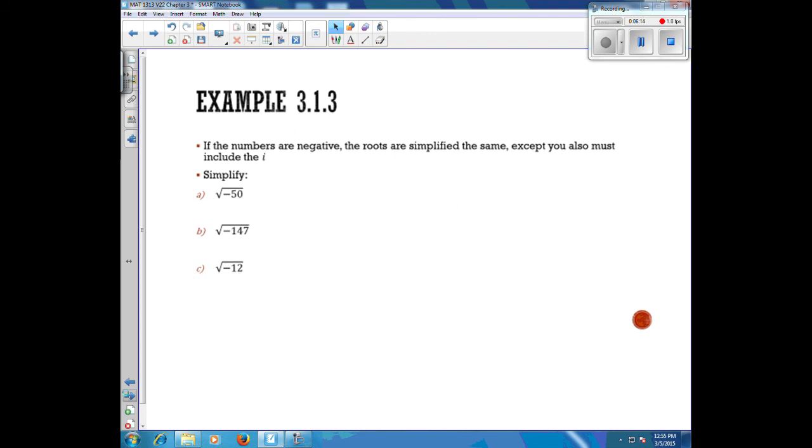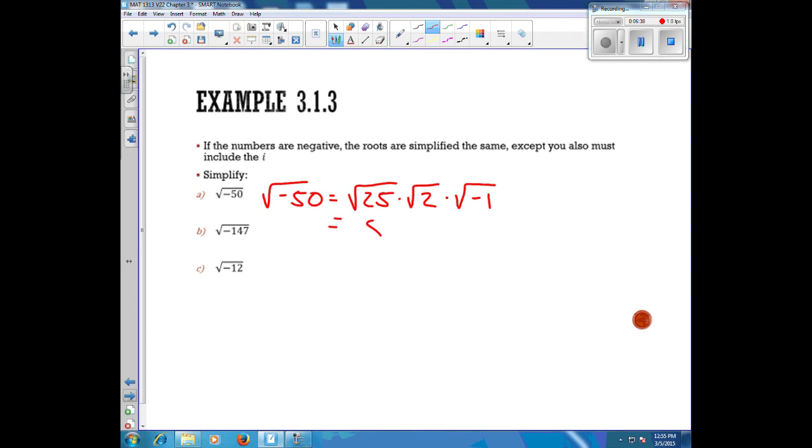So if the numbers are negative, right, then we can simplify the roots the same way, except we have to include the i as well. So for example, the square root of negative 50, that's the same thing as the square root of 25 times the square root of 2 times the square root of negative 1. The square root of 25 is 5.